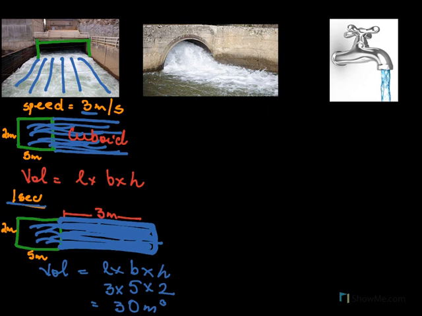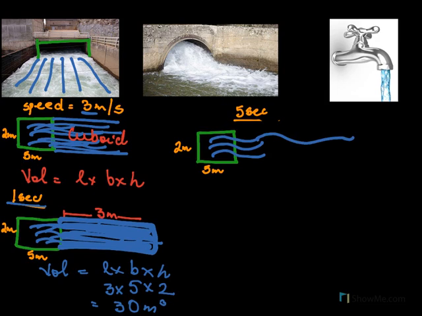Now to make things a little clearer, let us see what would happen in 5 seconds. How much water will flow out in 5 seconds? Here again I have the same cuboid whose height is 2 meters and breadth is 5 meters, and again the water is flowing out, but now it is going to flow for 5 seconds, which means it's going to flow a little longer.